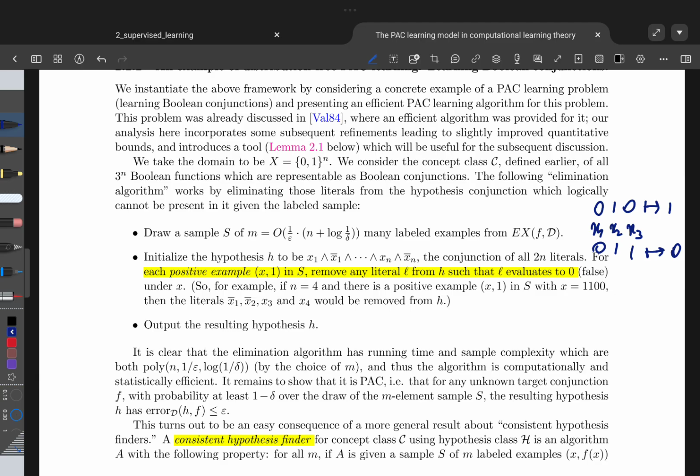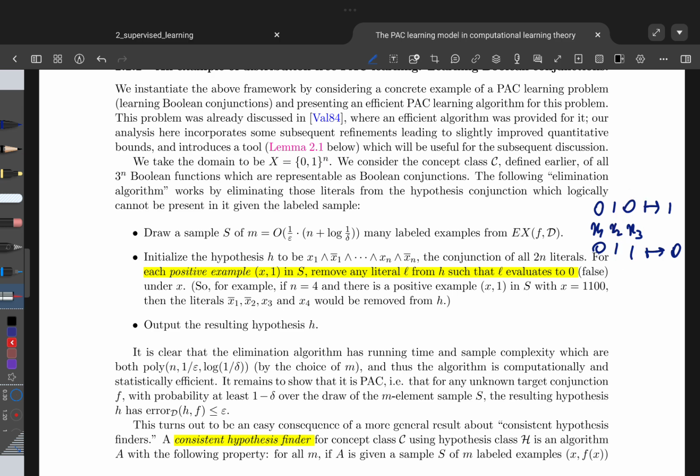All right, then now what can you say? x3 equal to 0 gives 1, x3 equal to 1 gives 0. So I will eliminate the x1 and x2 complements. So one thing is that the function clearly depends on x3.